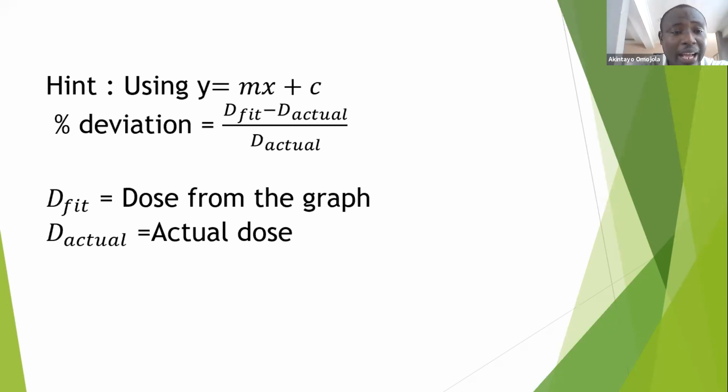Then use this formula to determine the percentage deviation. We want to see how much our TLD chips are deviating from the known dose, so we want to see how far it is deviating from the known dose.